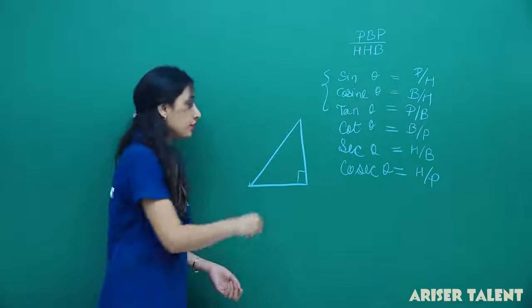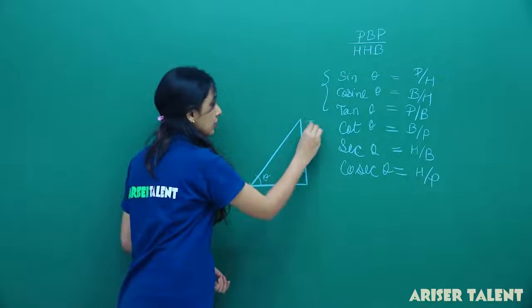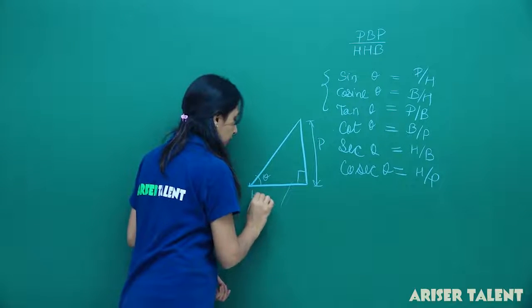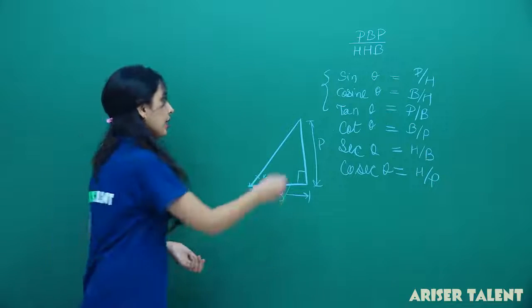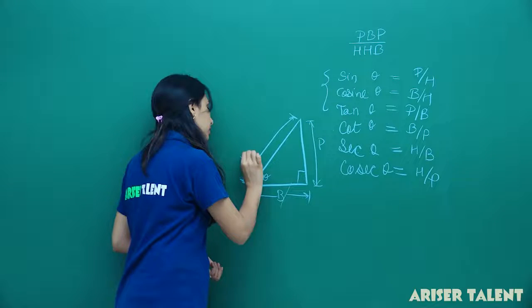Suppose this theta, that was your perpendicular, that was your base. Base of theta is base. That was your hypotenuse, and the story goes on.